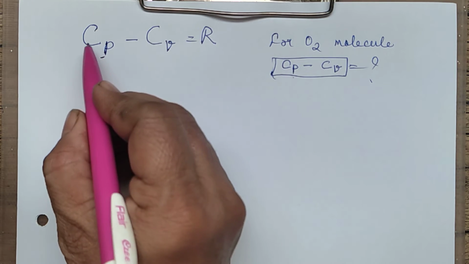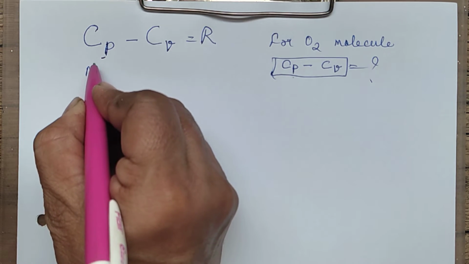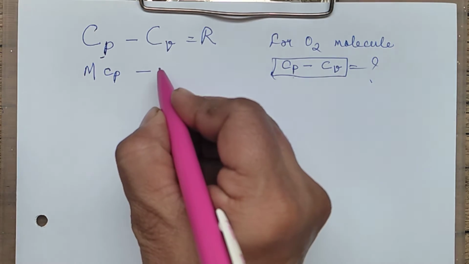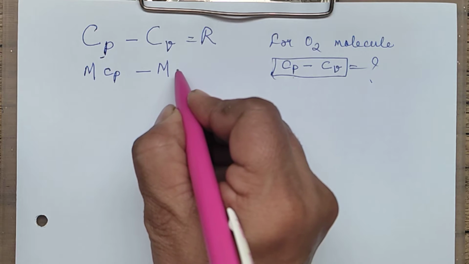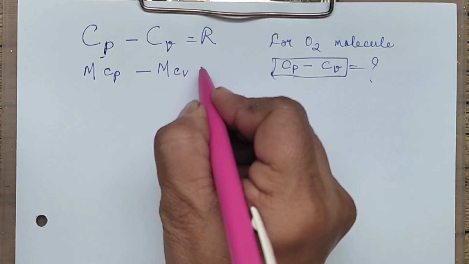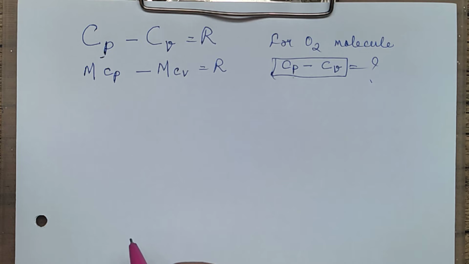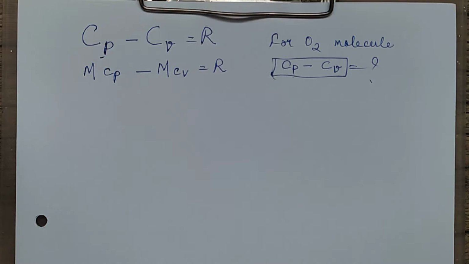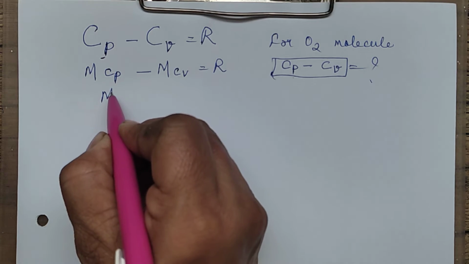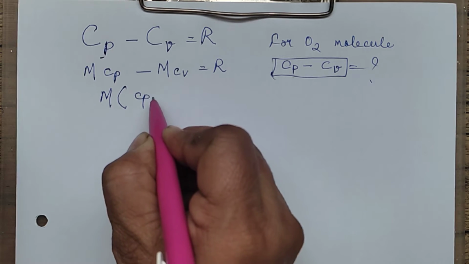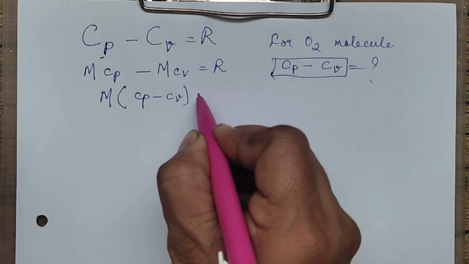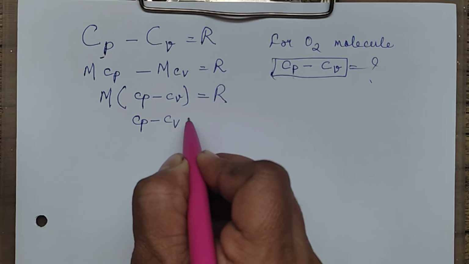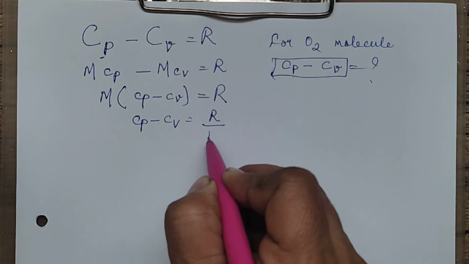Capital Cp is equal to molecular mass multiplied by small cp, minus molecular mass into small cv, and this is equal to R. So we can take M common: M into (cp minus cv) is equal to R. So cp minus cv is equal to R by molecular mass.